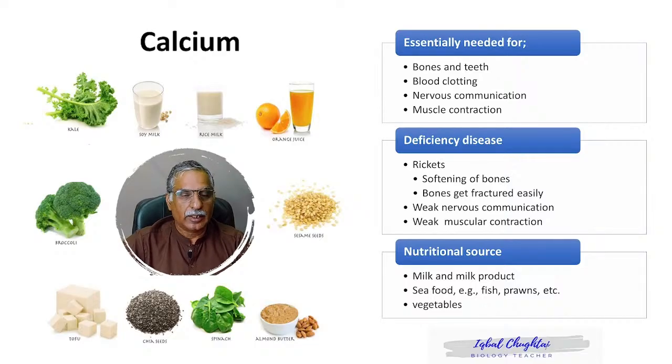Other than milk, calcium can be obtained from food from the sea, from the oceans, like fish, prawns, shrimps, lobsters, etc. They are also a rich source of calcium. Certain vegetables or fruits can also provide you with calcium, but in a little amount.